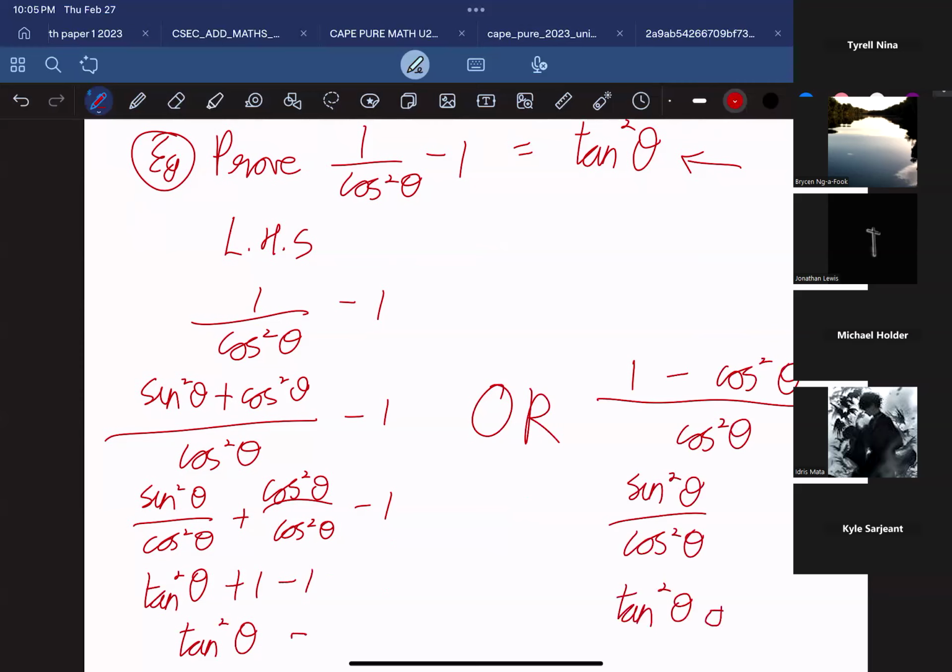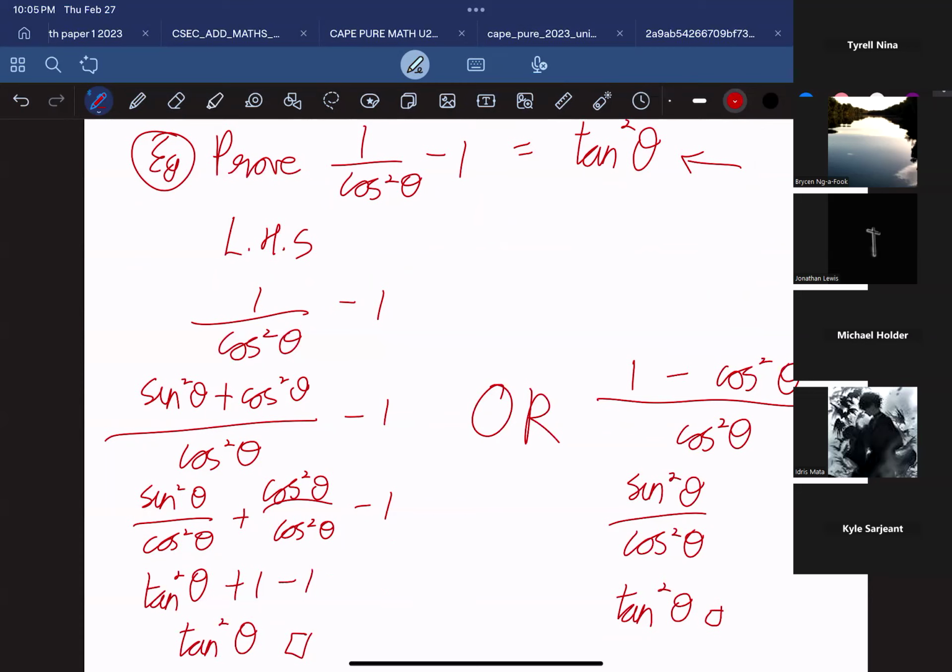Either one is accepted, right? I just draw the square on the end just to say that you finished the proof, right? As I said, it's honestly just practice, practice, practice. And because they removed sec and cosec and cut down the syllabus, it's not much they could bring, right?